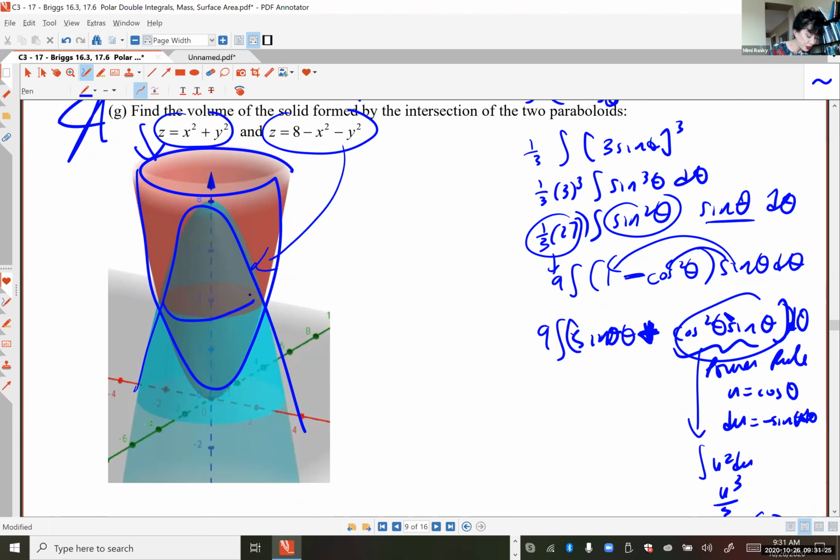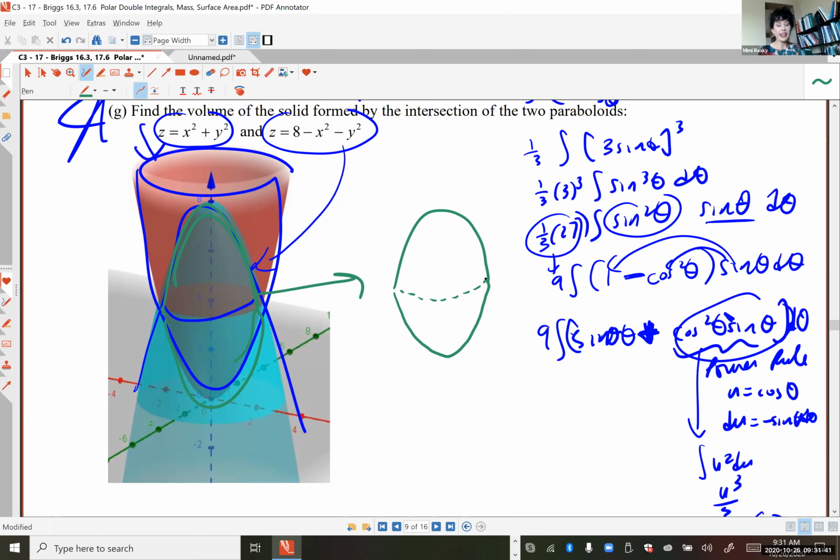So what I want you to do is focus your eyeballs on the intersection here, which is right in here. If I only look at the intersection of these two paraboloids, I get a solid that kind of looks like an egg. Very cool.